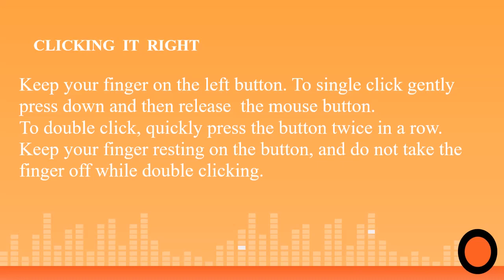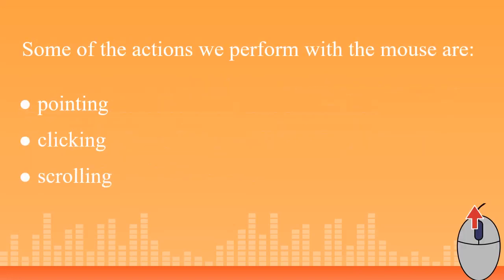To single click, gently press down and then release the mouse button. To double click, quickly press the button twice in a row. Keep your finger resting on the button and do not take the finger off while double clicking. Some of the actions we perform with the mouse are pointing, clicking, and scrolling.